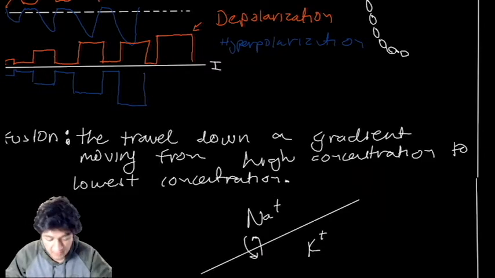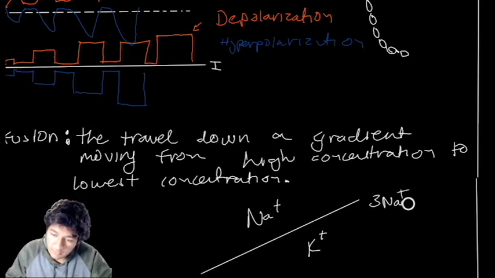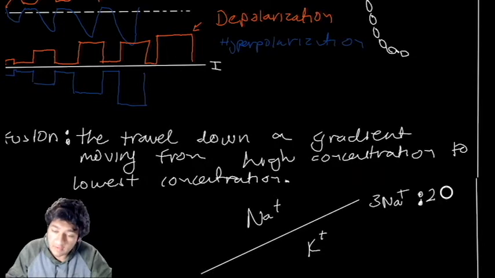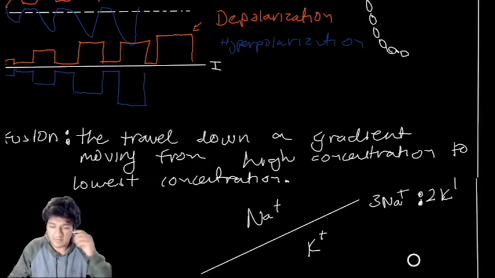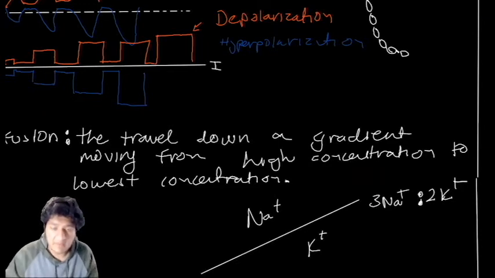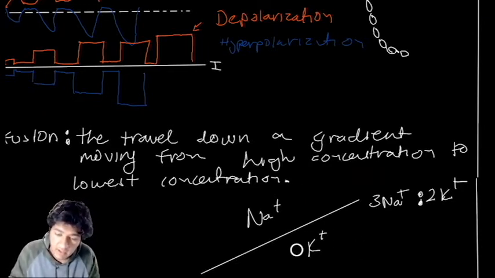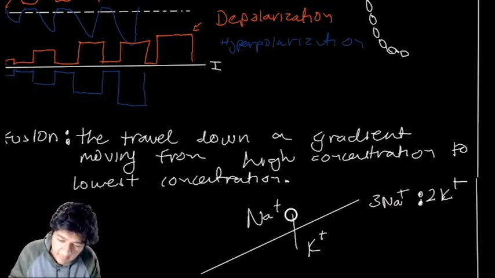And exactly this ratio is 3 sodiums will move for every 2 potassiums. Sorry about that. So what I mean by this is there's going to be a large concentration of K plus over here, and it needs to move across this membrane.